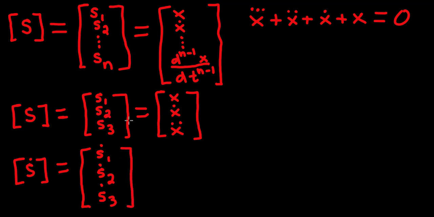And again, looking at our notation, if S1 is x, then S1 dot is going to be x dot. If S2 is x dot, then S2 dot is going to be x double dot, and so on and so forth. So likewise, S3 dot will be x triple dot.